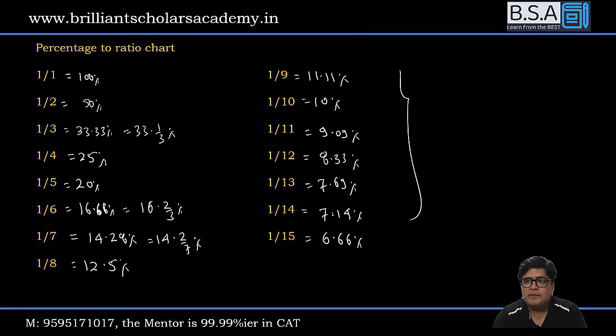Copy this down. Copy all 15 numbers, all 15 percentages. I will give you a few bonus percentages as well. Don't worry. How can I remember these numbers? Repeat. Again and again.